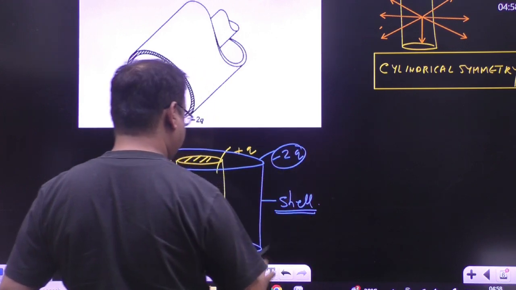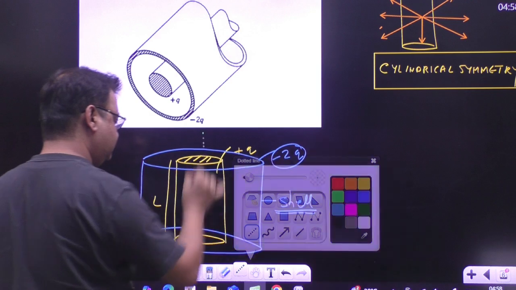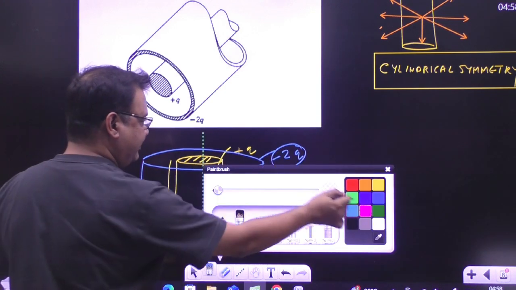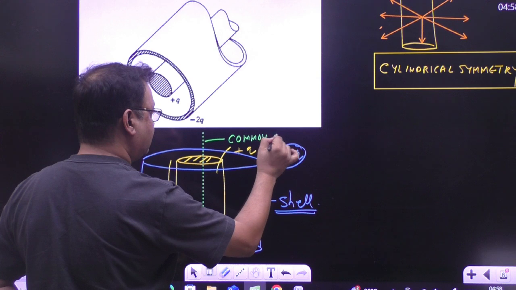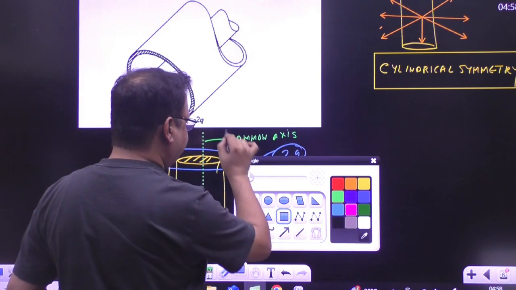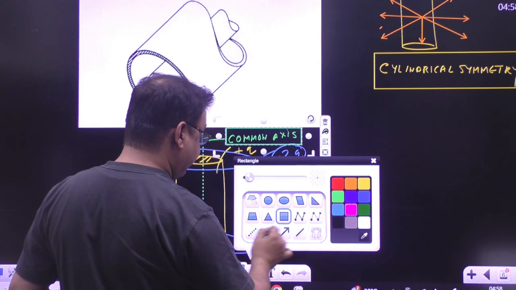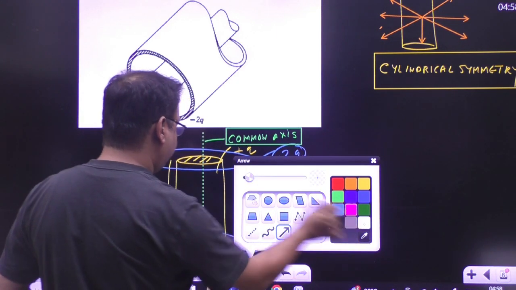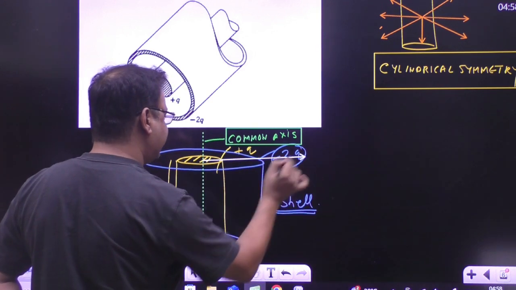Minus 2Q, correct? And this is the common axis. Both are coaxial. And as I told you, since the length is given as very long, we will assume the model of cylindrical symmetry, no fringing effect.